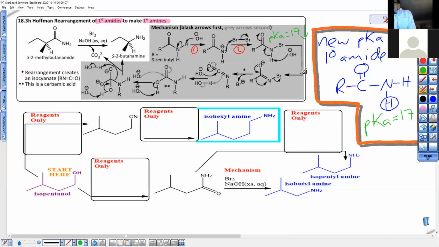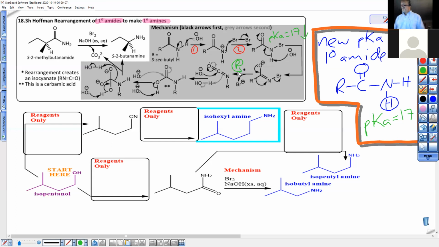And then something different happens when this thing tries to resonate back. Instead of just resonating and generating an N minus, the carbon group is shifting from an adjacent carbon, used to be the carbonyl carbon, now it's an imine carbon, and it's rearranging to the nitrogen. So that's a rearrangement step there. Here's our nice short form for a rearrangement step.